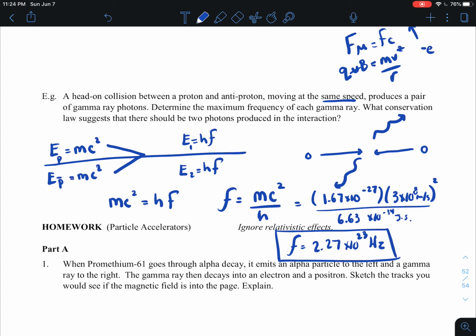Once again, that is from one proton making one photon, and therefore the antiproton would also make another photon of equal frequency.